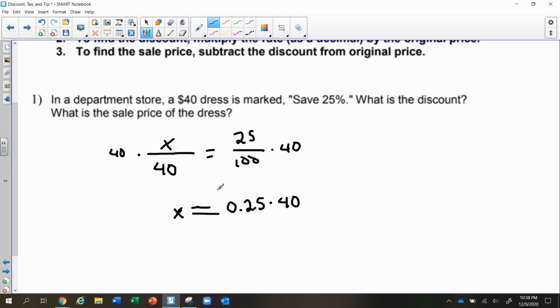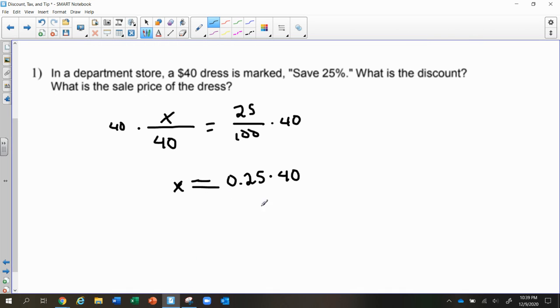And that goes back to that other part of the lesson from Monday, which there's also a video that I went through on that. So if I multiply this 0.25 times 40, I should get x equals 10. Now, that doesn't mean that the price is 10. That means the discount is 10.